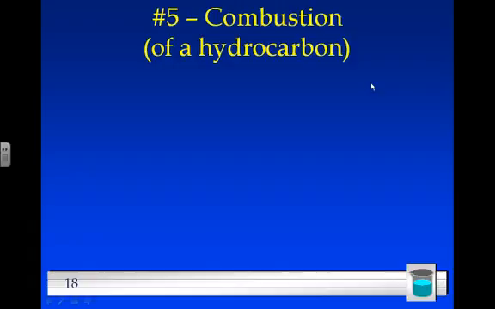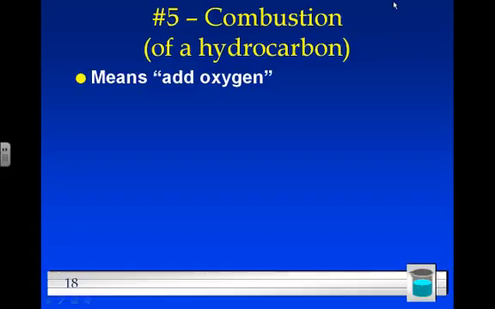And then the 5th type of reaction, and the last general type for now, is combustion, and I'm saying combustion of a hydrocarbon in particular. Combustion simply means add oxygen.